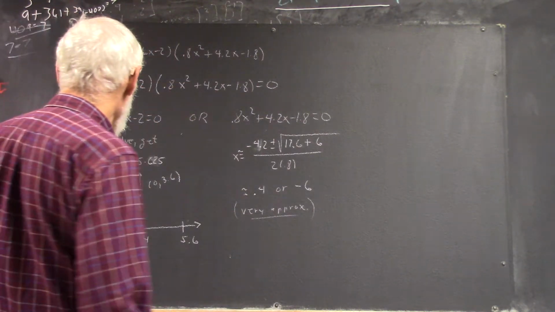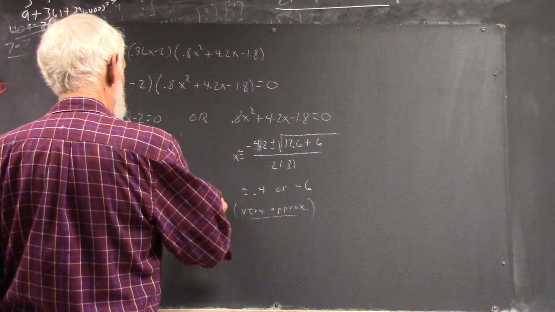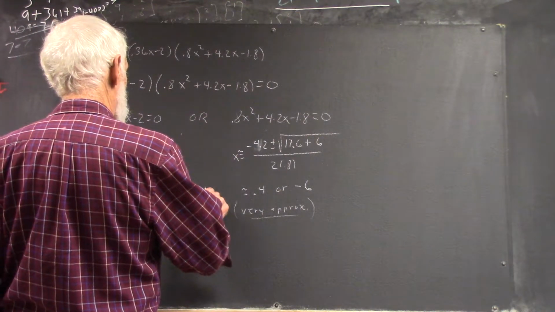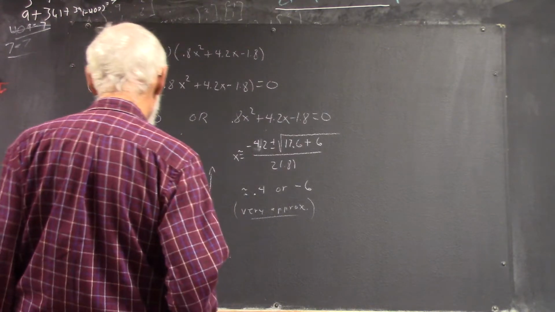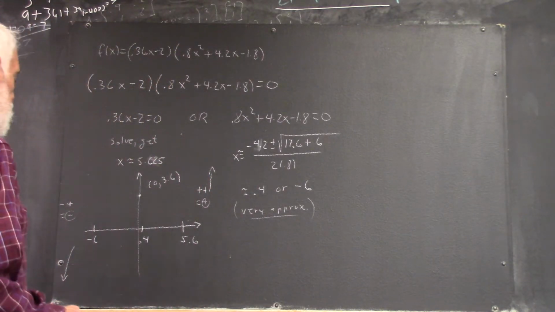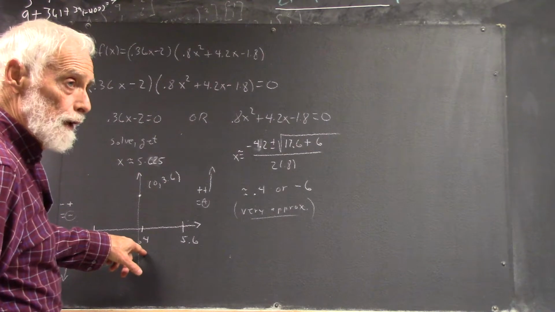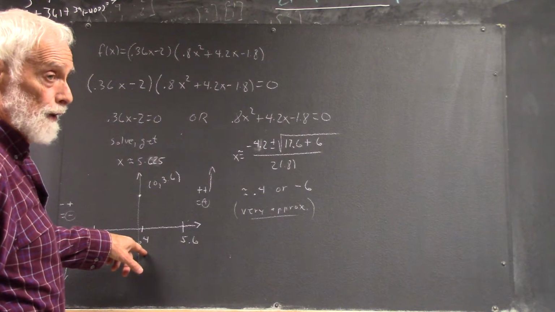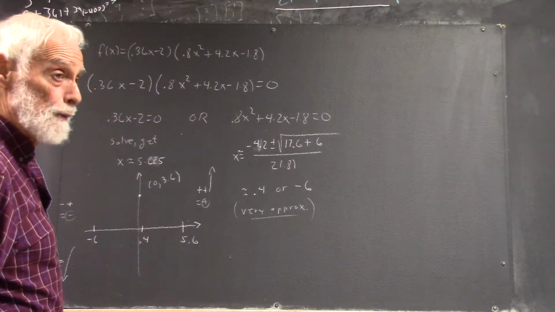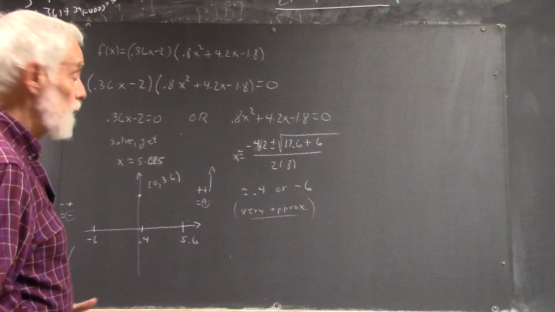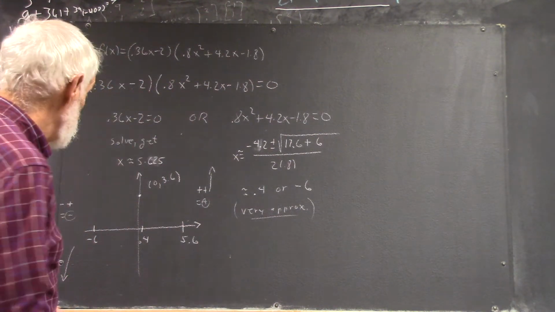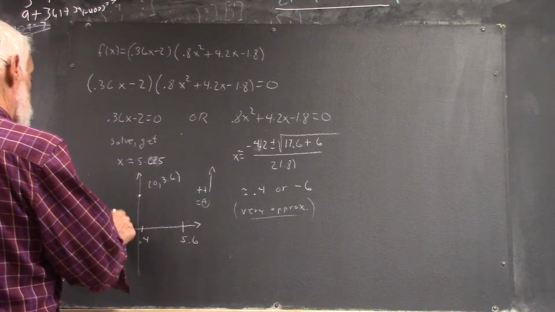It's going to be clear that everything is positive, so you're going to have a positive times a positive is a positive, it's going to go way up. Between negative 6 and 0.4, it can't change sign because it can only change sign by going through a 0 or cross an asymptote. We don't have any denominators, there aren't going to be any asymptotes. So it's going to be positive in here.